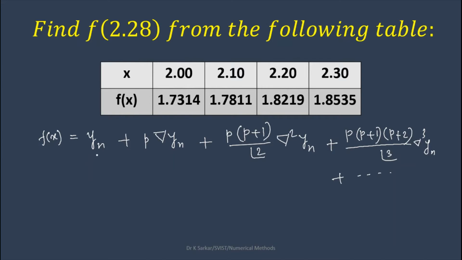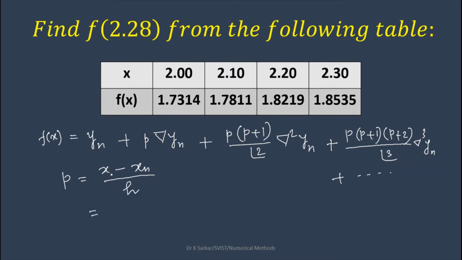Here yn is the last value of f(x) and p is (x minus xn) divided by h.